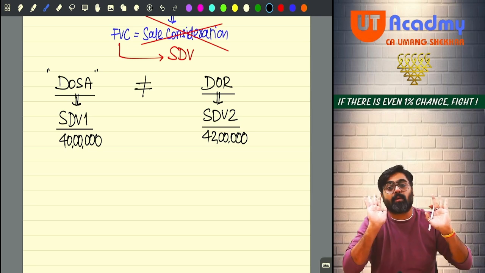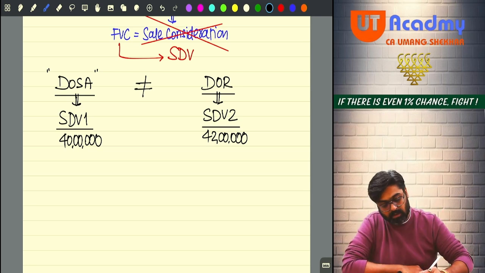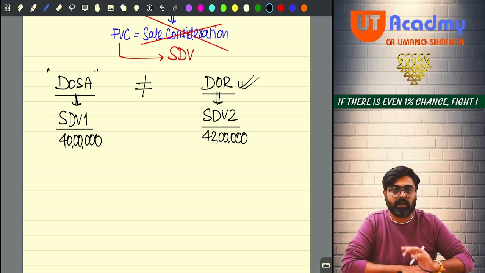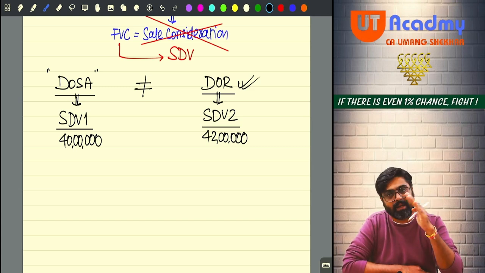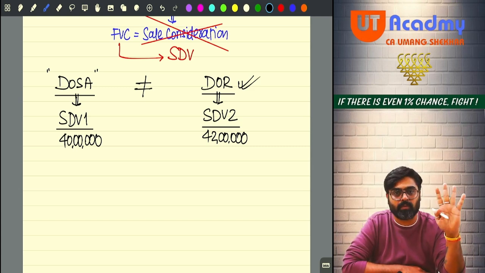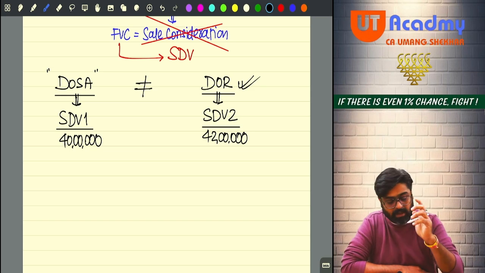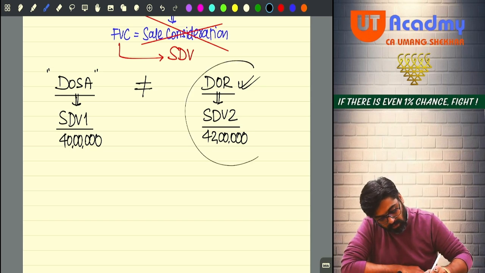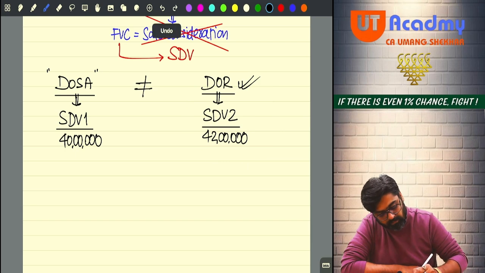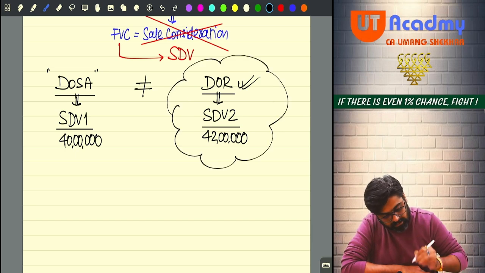See, actually when the property is considered to be transferred, that is the date of registration. The date on which the property is registered is the date on which the property is considered to be transferred.